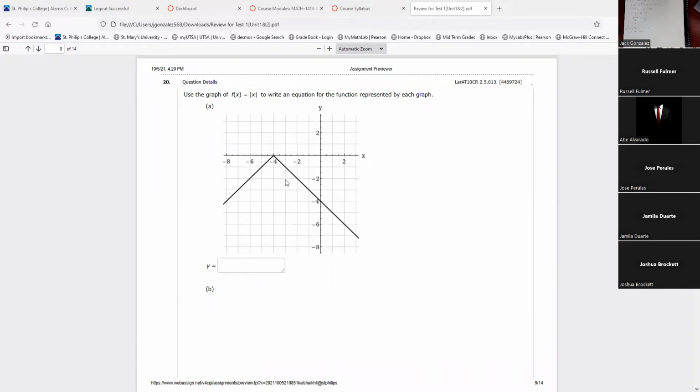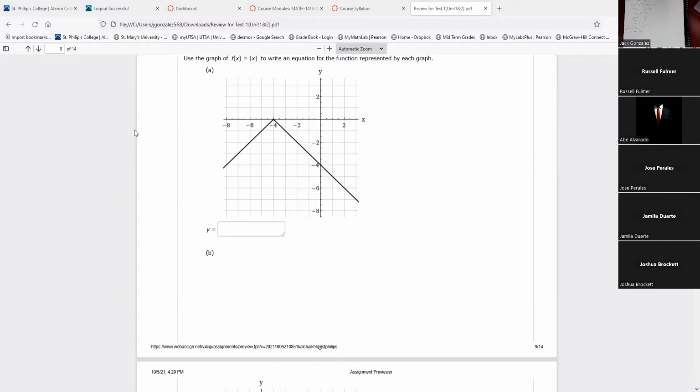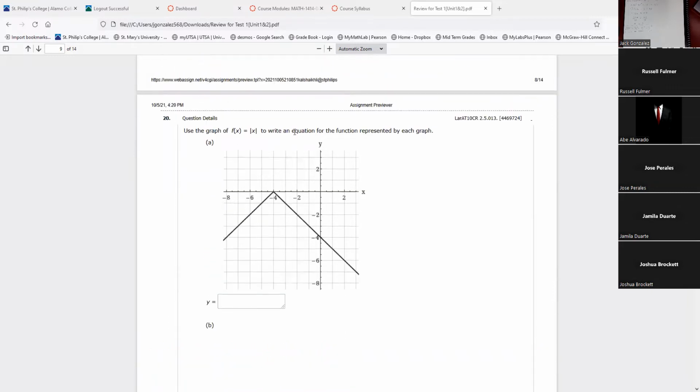So for this picture, f of x will equal negative on the front because it's been flipped, reflected downward, absolute value of x plus 4 because it's been shifted.